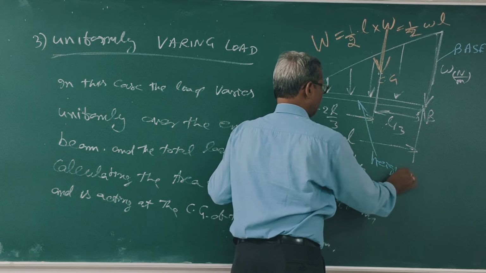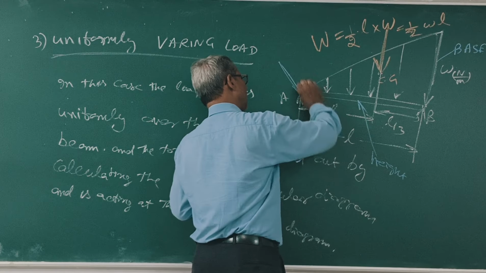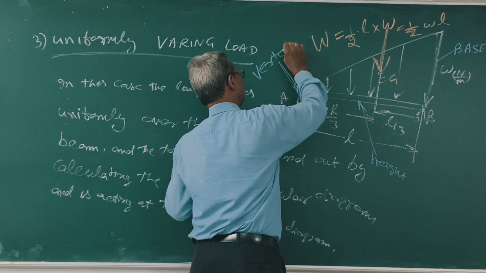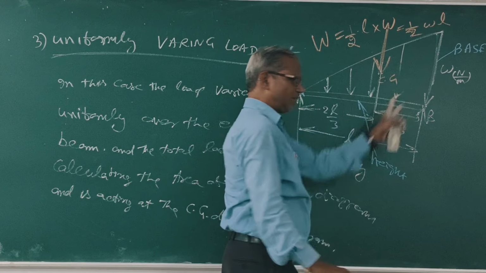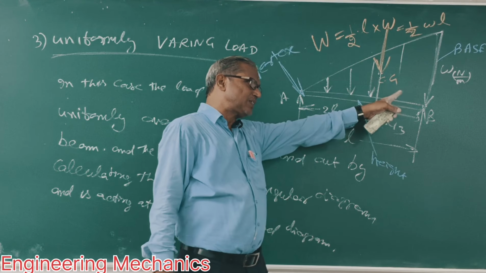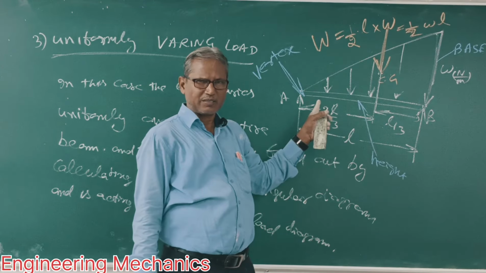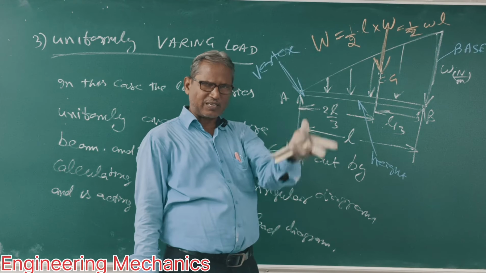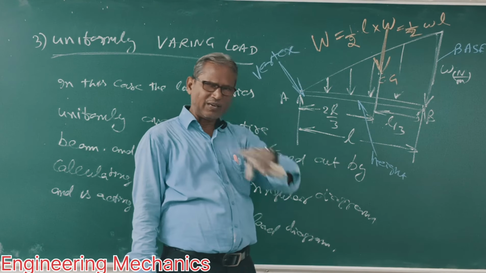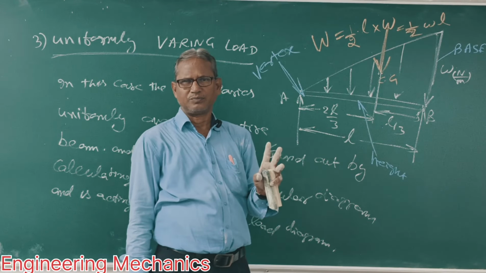This is vertex or apex. Clear? In this triangle, the CG is L by 3 from the base, 2L by 3 from the vertex. Okay? Next class, I will do some problems relating to today's theory. Clear? Thank you.